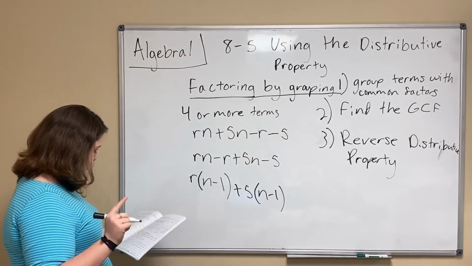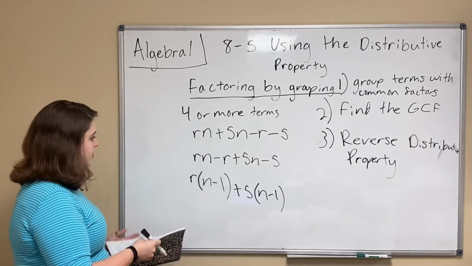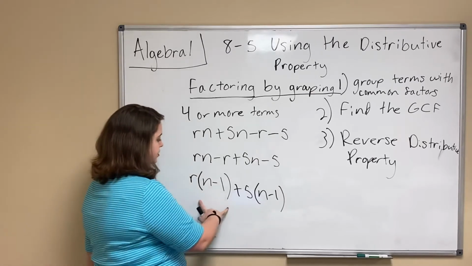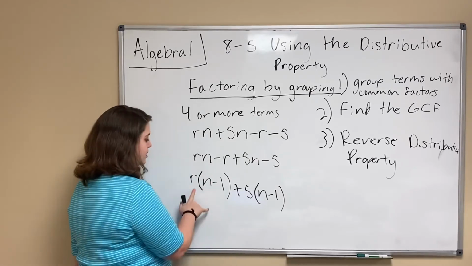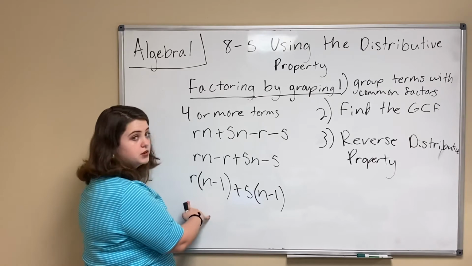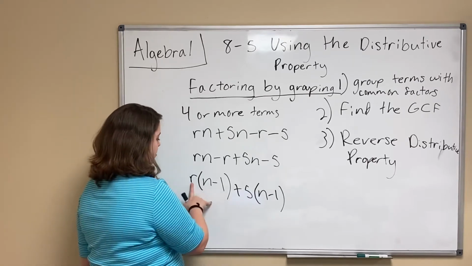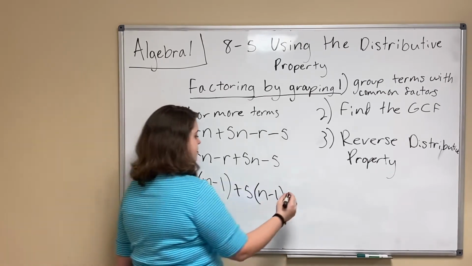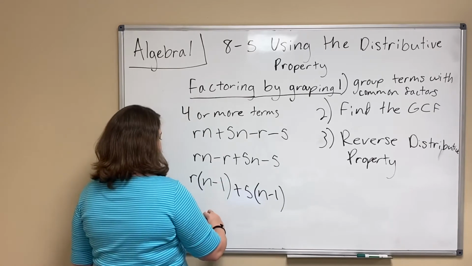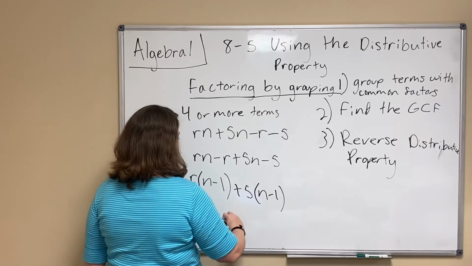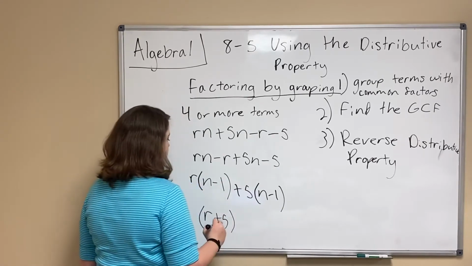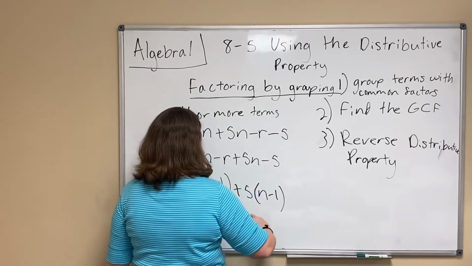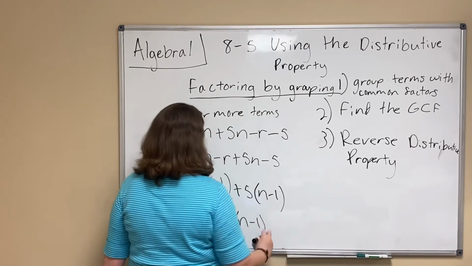Now that we know that they're the same, we're going to do, again, the opposite of what we did when we were multiplying polynomials. I'm going to bring the r and the plus 5, r plus 5, into its own binomial times n minus 1.